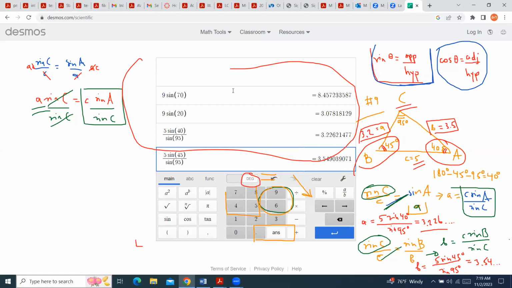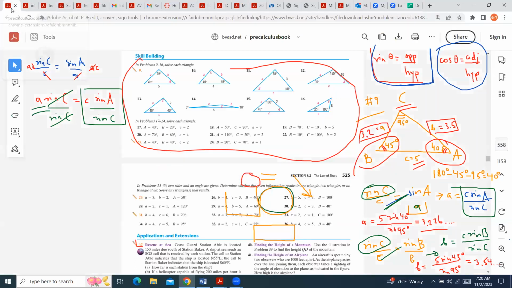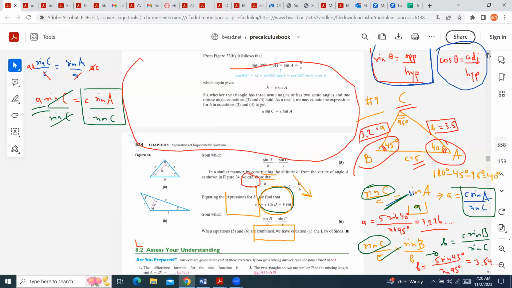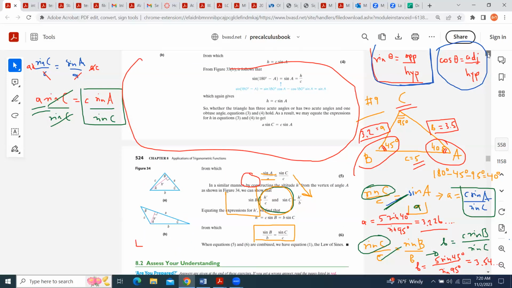Anyways, next time on Tuesday, I plan to go to the other part of this section, which is going to be something different. It turns out, like in figure 34, they explain, you might be getting 2 triangles. Sometimes you might get 2 triangles based on the same exact information. Like here, for example, they gave you 2 sides.